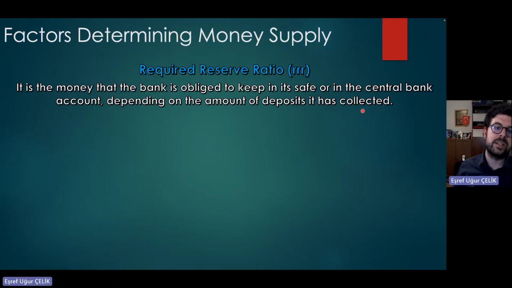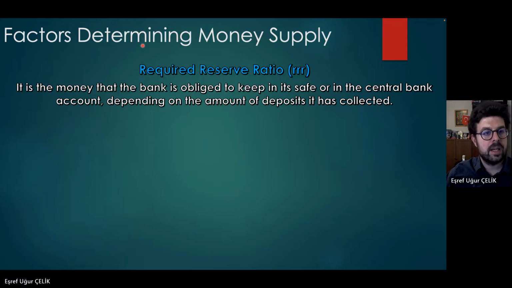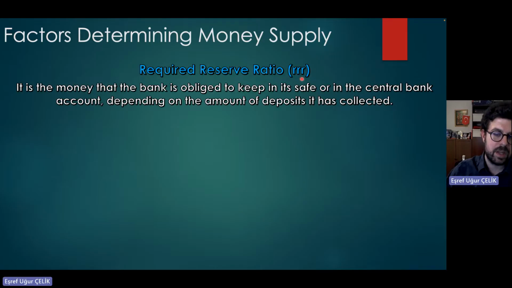The central bank says you are obligated to hold some amount for that deposit, and that comes from the required reserve ratio. So maybe you can remember the formula: required reserve equals deposit multiplied by required reserve ratio. You can check in the previous slides.